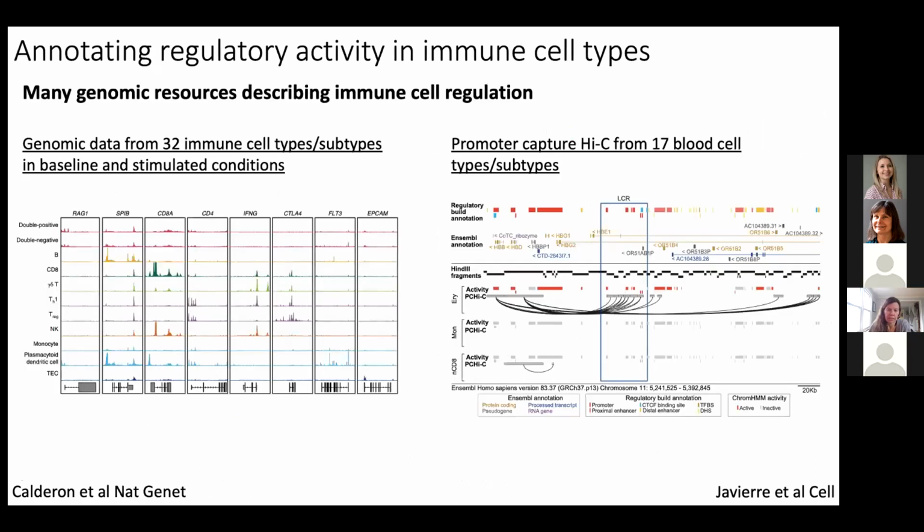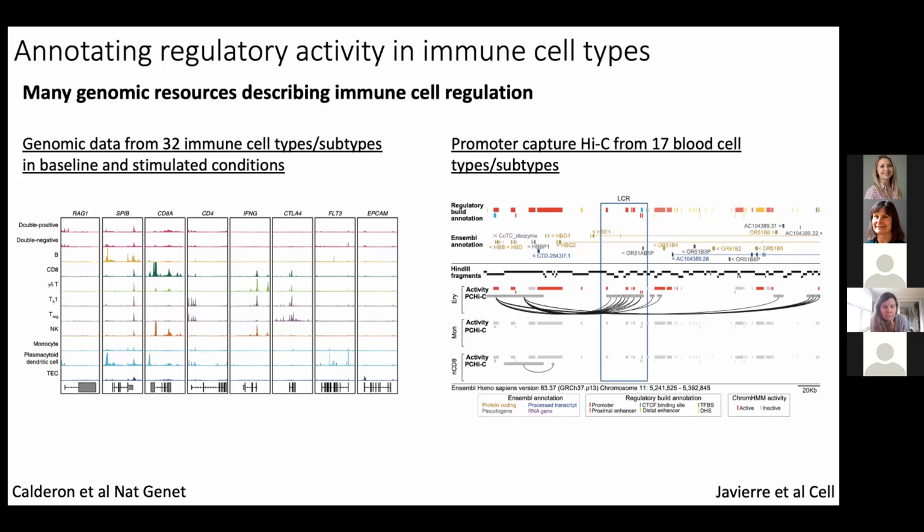But this is a bit different from some of the other diseases that we all study, and some of the tissues that we profile, in that there's a lot of resources available in the community, both studies people have done, but also consortia type efforts to map regulatory information in immune cells.